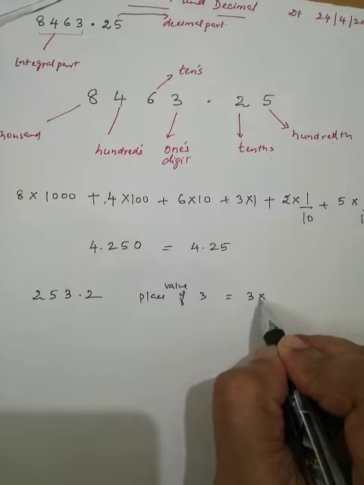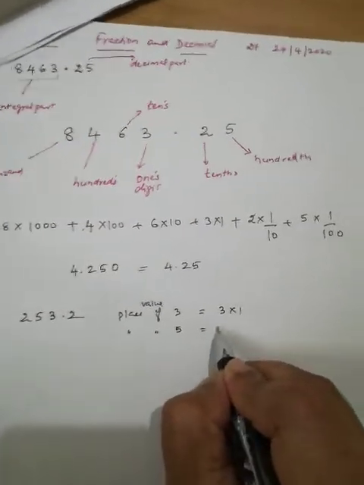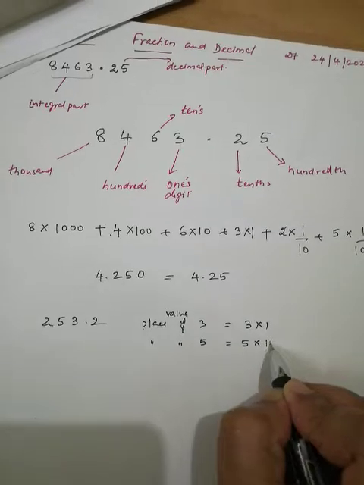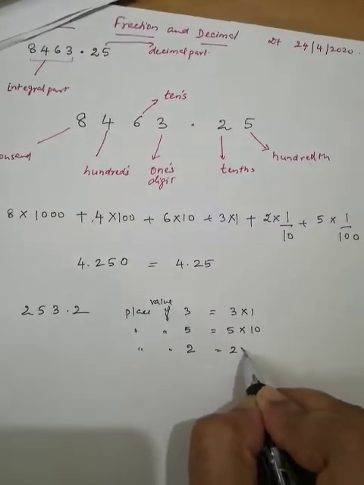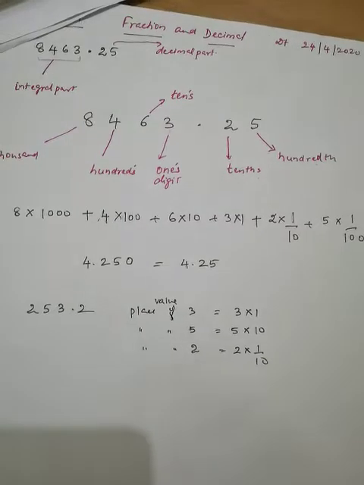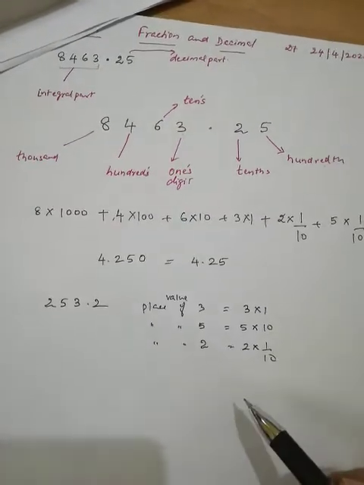Place value of 5 will be equal to 5 into 10. Place value of 2 will be equal to 2 into 1 by 10, that is 2 by 10. So this is how you write the place value.